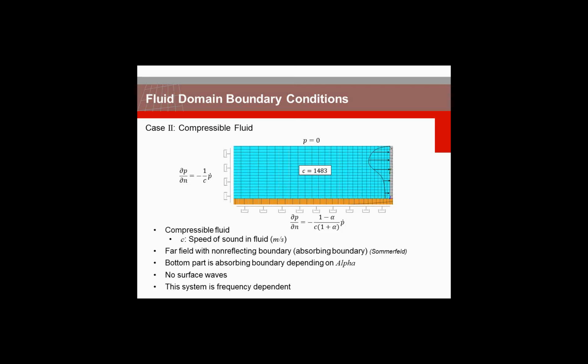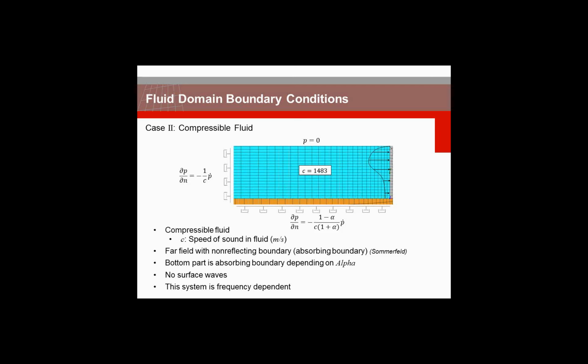And in the bottom part of the fluid domain, we have a similar type of bottom absorption, similar to the far field, but with the difference that we have this factor alpha that allows us to manage how much of the waves we want to reflect and how much we want to absorb.